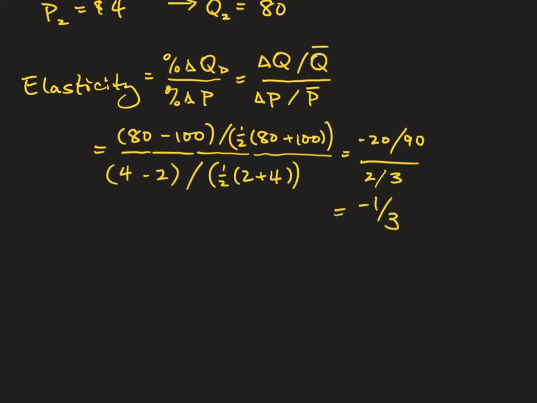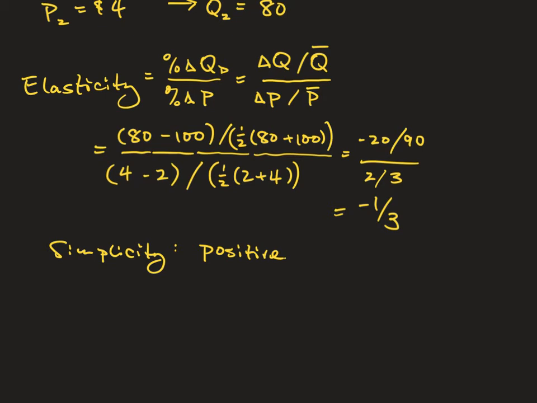Now, just for the sake of simplicity, we will make the elasticity positive. In other words, we'll just forget about the negative sign, because the elasticity of demand, if you calculate it this way, will always give you a negative value.